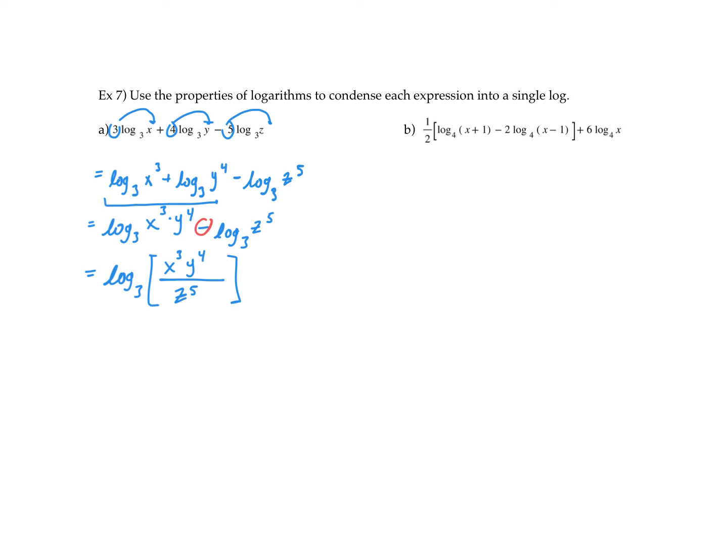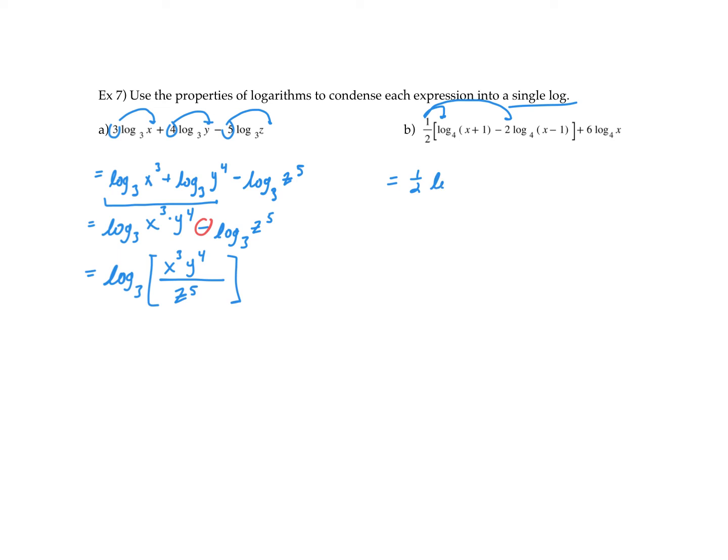Okay, so this one also has to be condensed into a single logarithm. So we're going to start by distributing this 1/2 to both of those terms. Again, I'll try to take it one step at a time. So we're going to have quite a few steps in here.